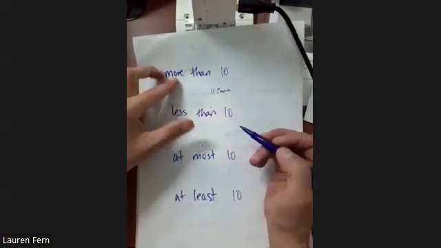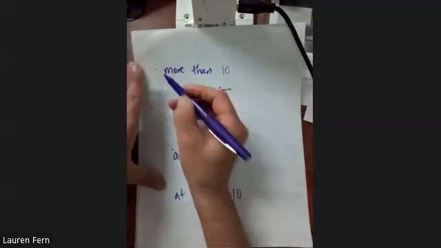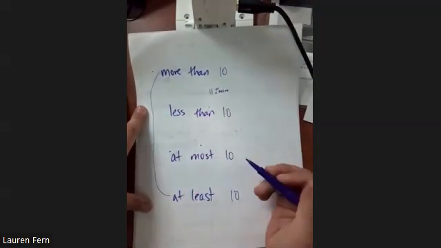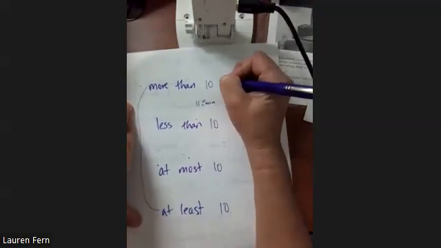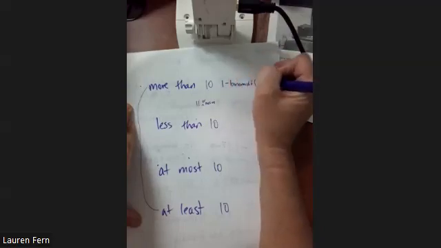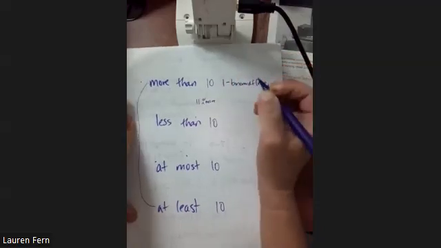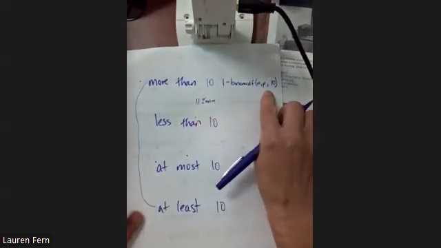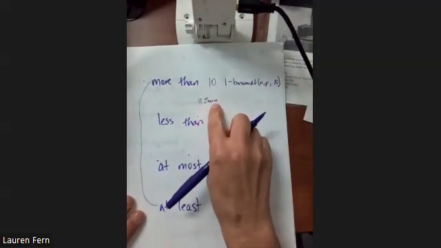Whenever it's a more than or at least, these are when you have to do the 1 minus. So for this one, I would do 1 minus binom CDF n, p, and then I would actually enter the 10, because more than 10 means I don't count 10.